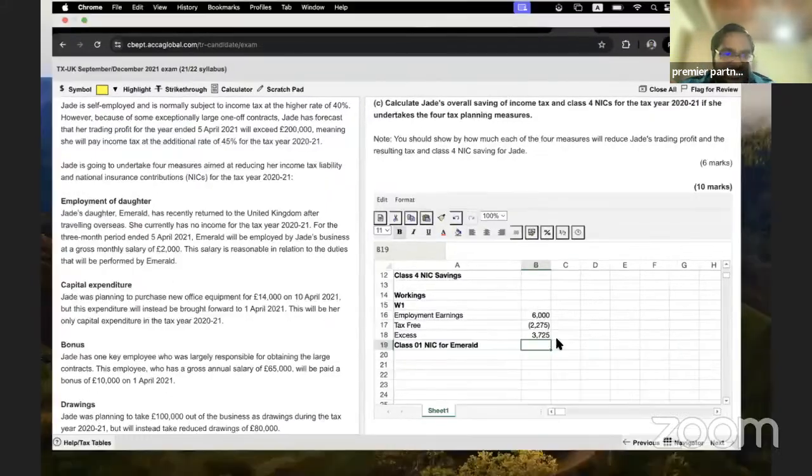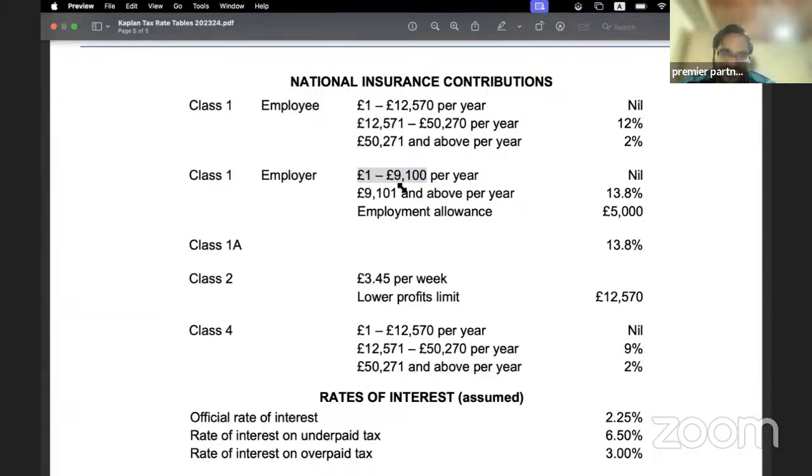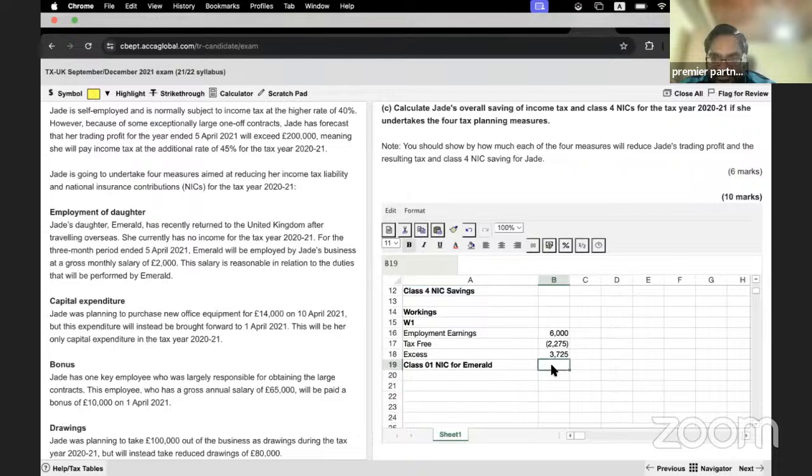How much is the rate? Just go to the tables and figure it out. Yes, it's 13.8. Correct. This is the rate. So this one into 13.8% would be the rate for NIC, which is 514 pounds.